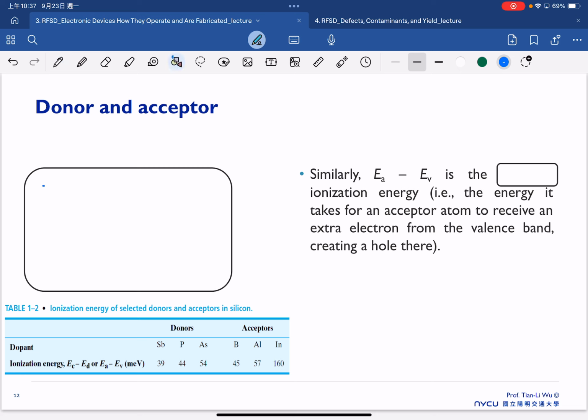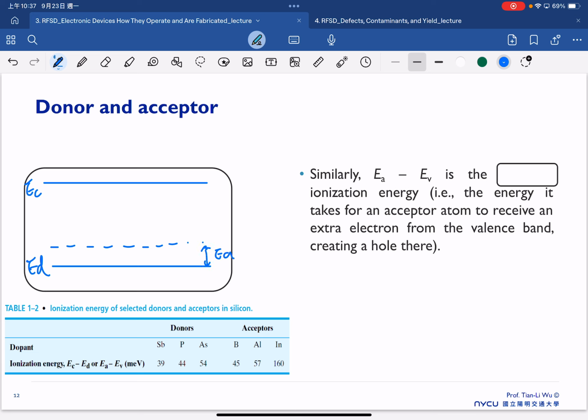In the case of acceptor, we have the band diagram, EC minus ED. Then the acceptor is going to contribute holes to the host. So usually we draw the acceptor like here. This is the acceptor energy level, and this is EA.